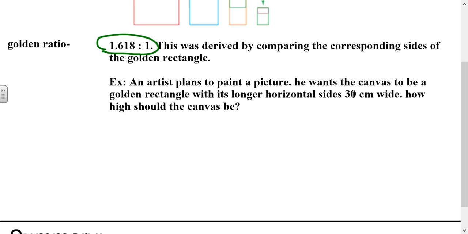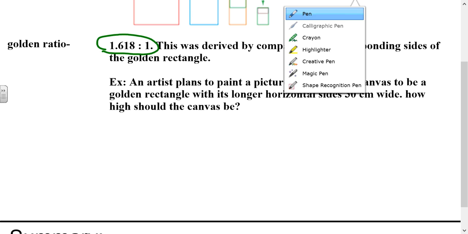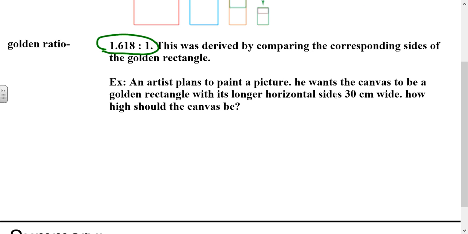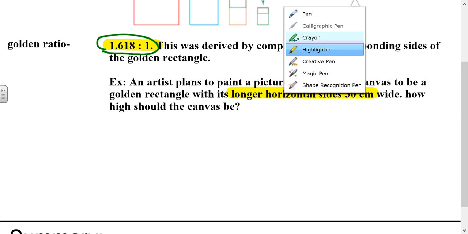Okay, well, I know that if I break this question down, the longer horizontal side is 30 centimeters. Well, in my golden ratio, what is my longer number going to be? Is it going to be 1.618 or is it going to be 1? Well, obviously it's 1.618. So when I'm setting it up, I'm going to match up the parts that go together.